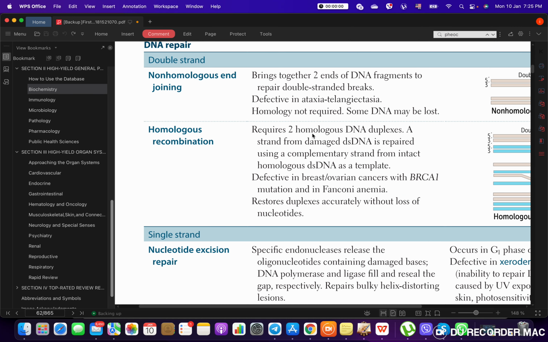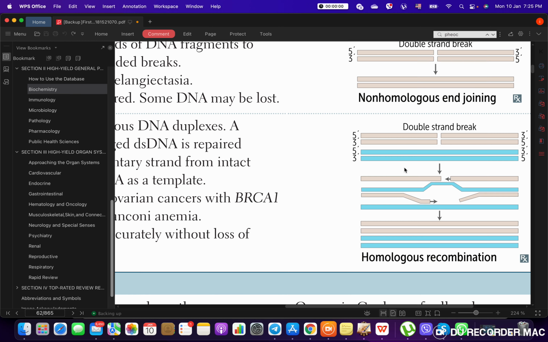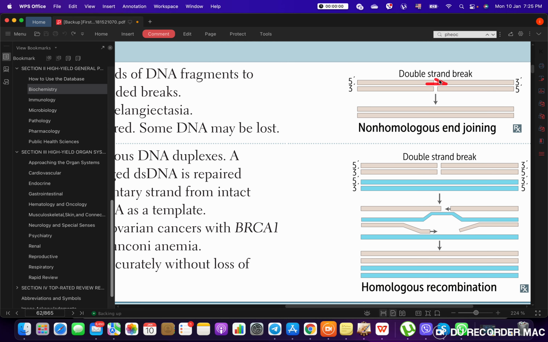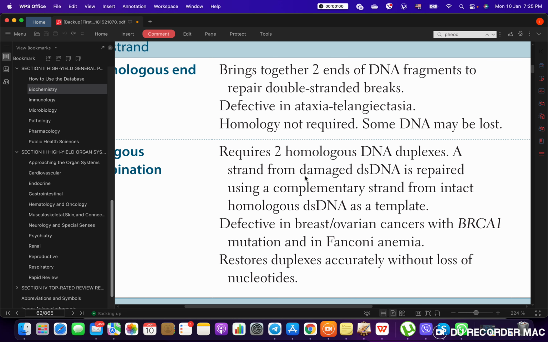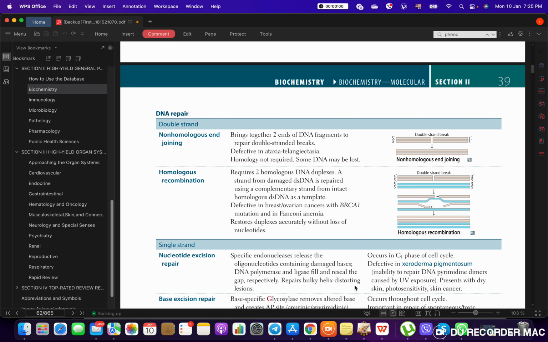So it requires two homologous DNA duplexes. Look, the exact same cut, but the only difference here is that there was no stupid movement; it's totally homologous to the other strand. A strand from the damaged double-stranded DNA is repaired using the complementary strand from the intact homologous DNA as a template. Let me explain how that works.